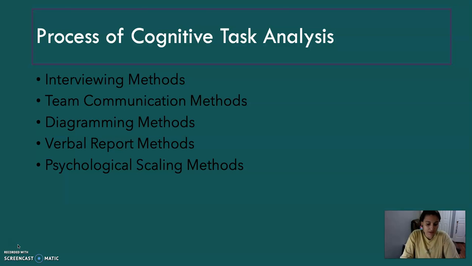The fifth method is psychological scaling methods, where they ask SMEs to sort, rank, or rate task-related items that have to do with the mental cognitions for situations, and then you can analyze this through scaling and clustering programs, which are used to identify different relationships among the different sets of task-related concepts and problems.